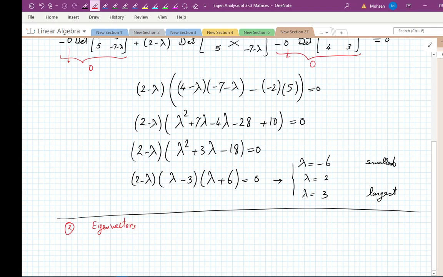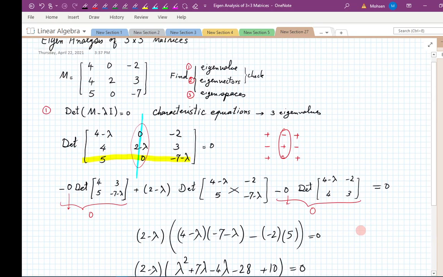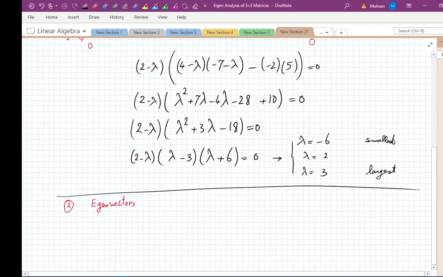Eigenvectors of our matrix. What did we call our matrix? M. Eigenvectors of matrix M are the same as what we call null vectors of M minus these lambdas. So what does that mean?